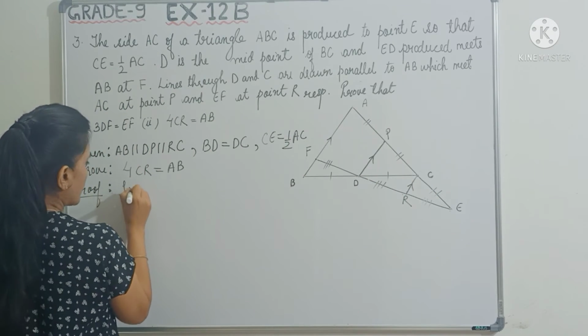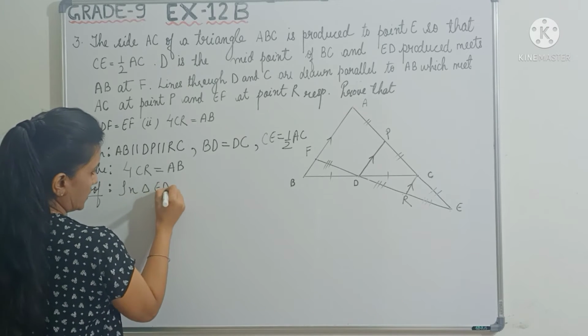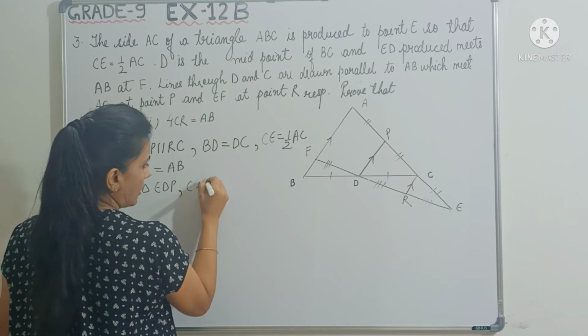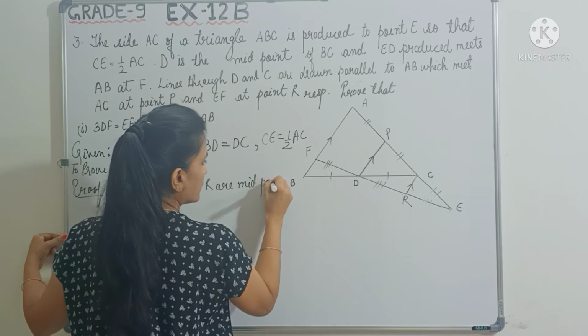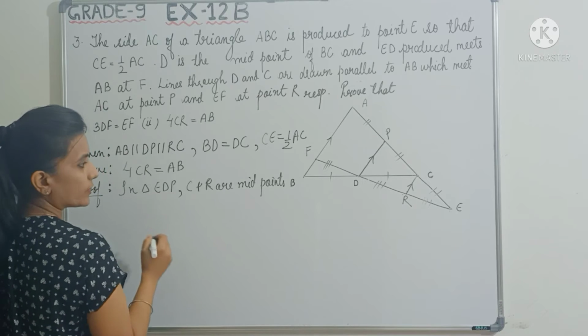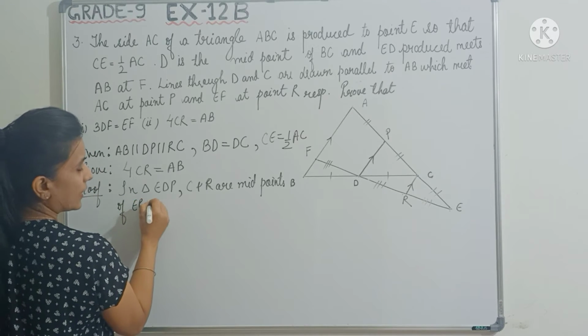So in triangle EDP, what do we observe? C and R are midpoints of EP and ED.